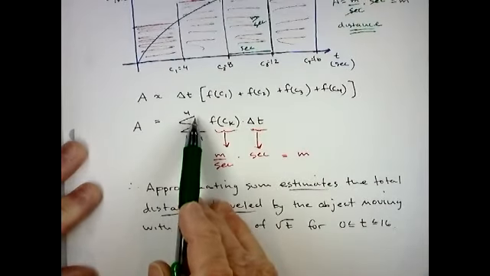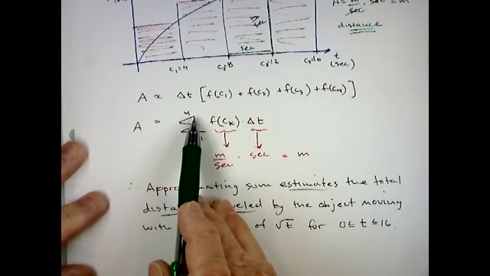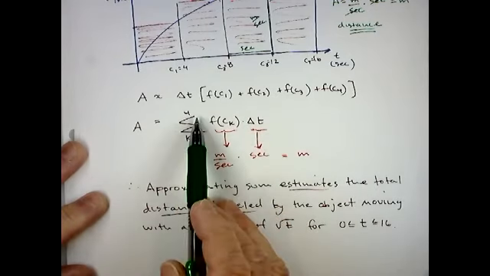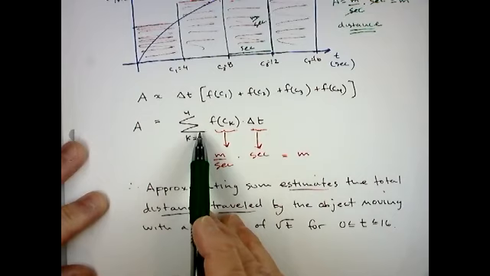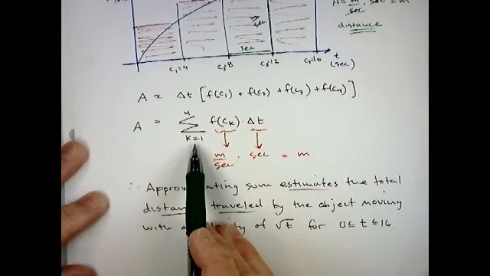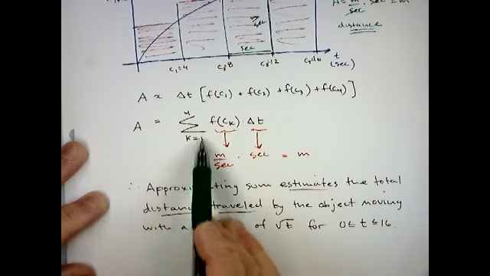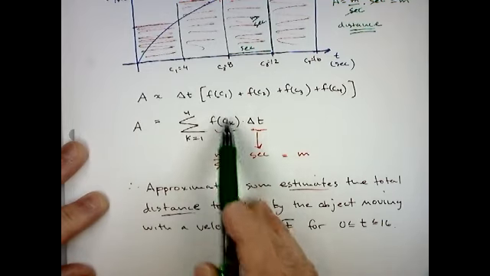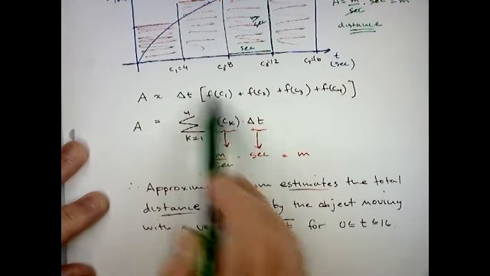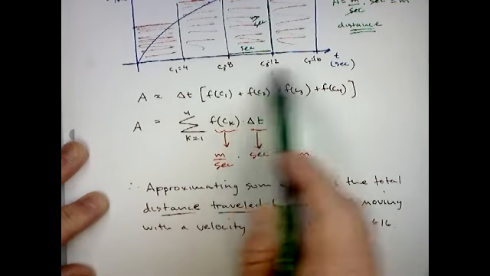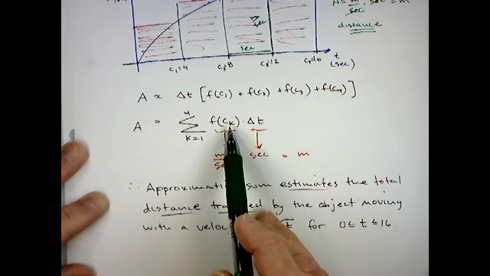One other thing. We'll talk more about this in the next video, but anytime you're adding things, we can also express that with a sum. This is a summation sign. The way a summation works is the bottom number is just your counter. So if I had C sub 1, C sub 2, C sub 3, C sub 4, in general, I could call this f of C sub k.